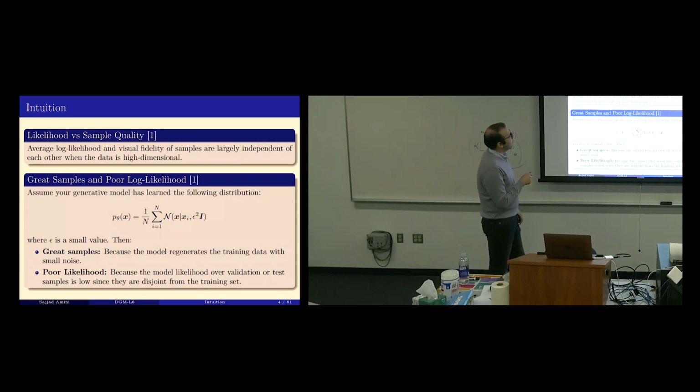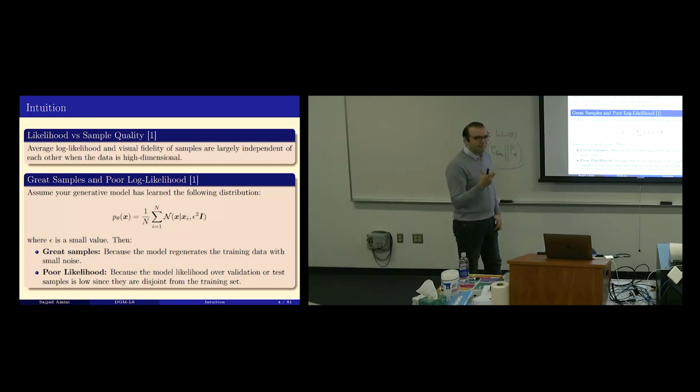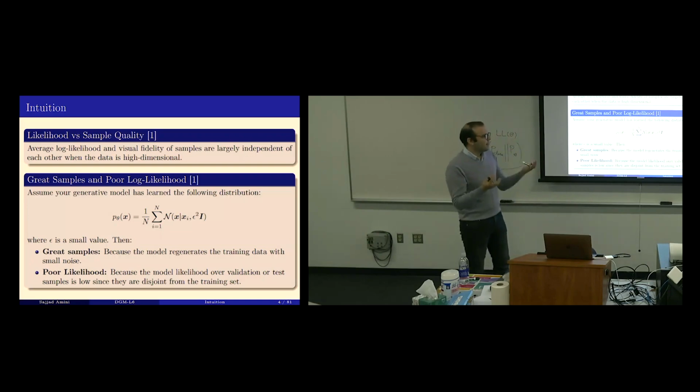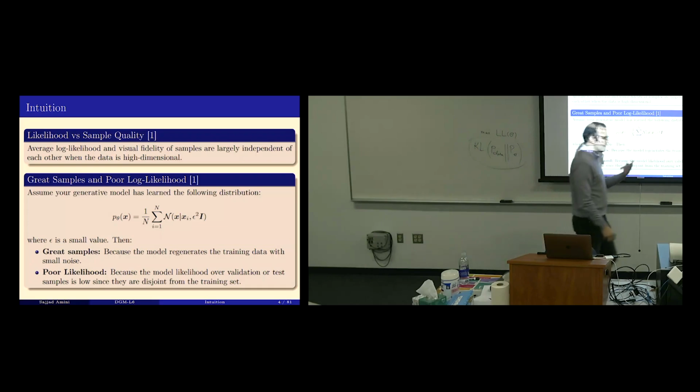Likelihood versus sample quality. Average likelihood and visual fidelity of samples are largely independent of each other. It may be amazing that likelihood is not representative of visual understandability. Does a model that gives you a high likelihood mean that it gives you visually acceptable images when you generate images using that model or not?